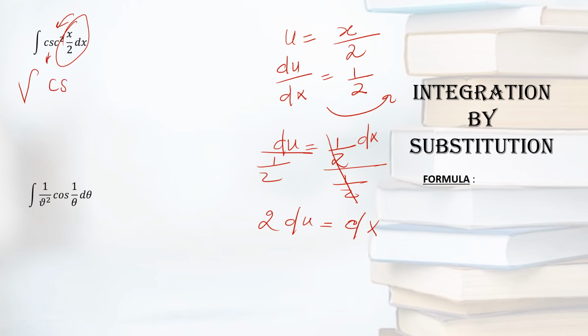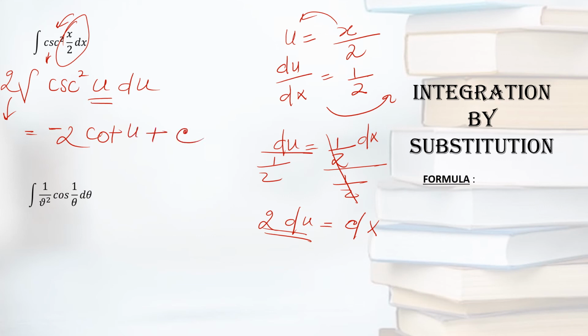Write the cosecant square as it is, x over 2 you already said is equal to u, and dx is equal to 2 du, the constant before the integral sign, du in the end. And now write down the 2 as it is. Antiderivative of cosecant square is negative cot, and this angle stays as it is.